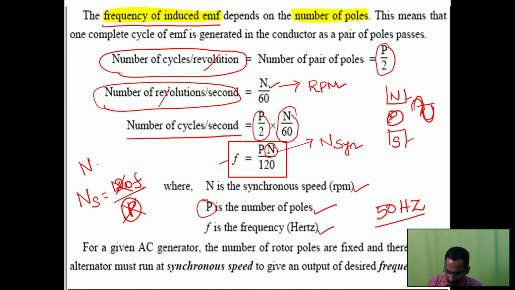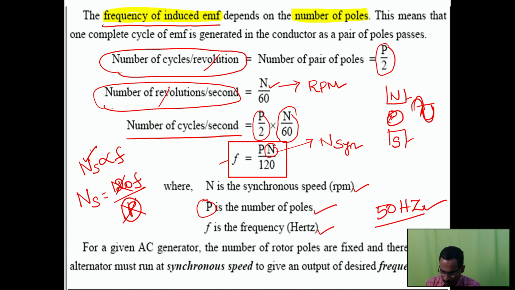My speed is directly proportional to frequency, or vice versa, F is directly proportional to Ns. So to maintain the frequency at 50 Hz, I must run my generator at constant speed.